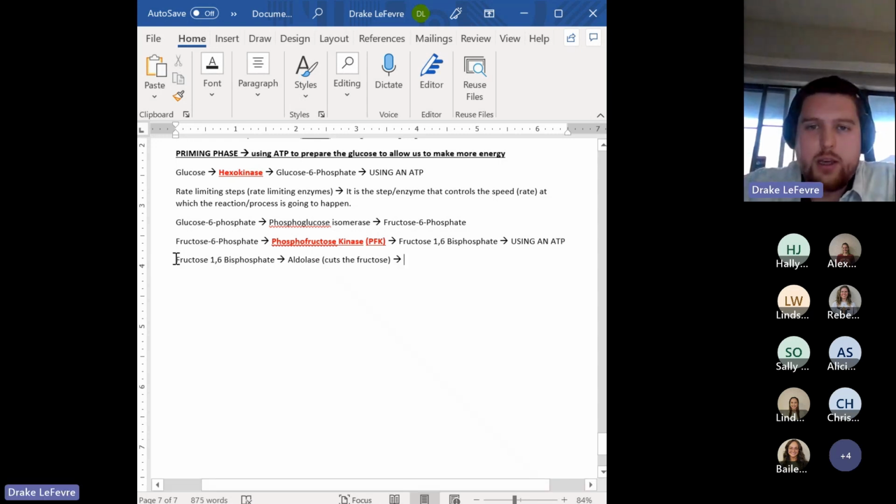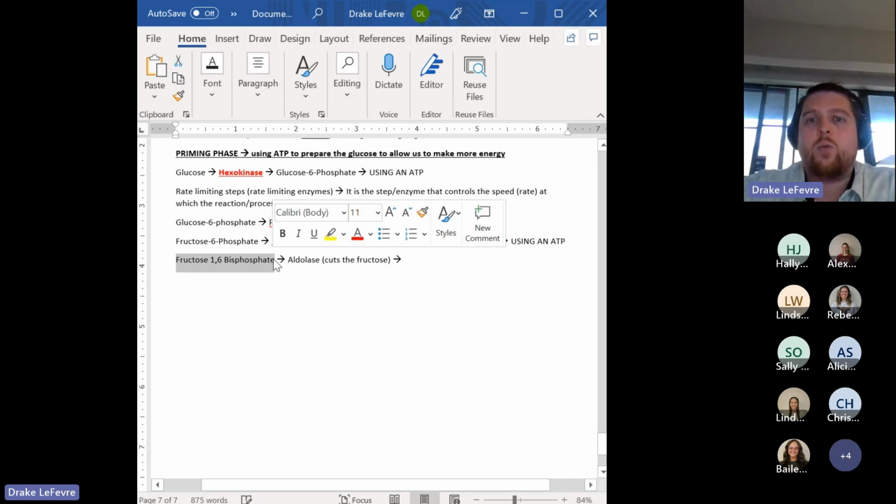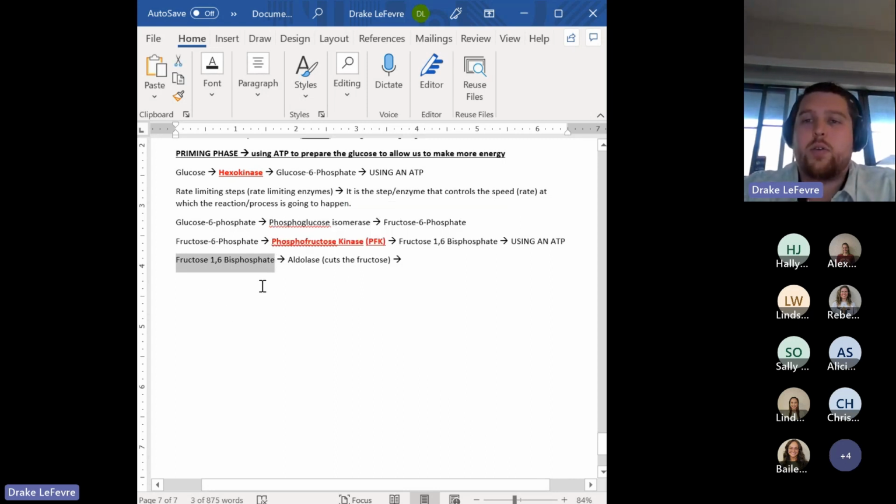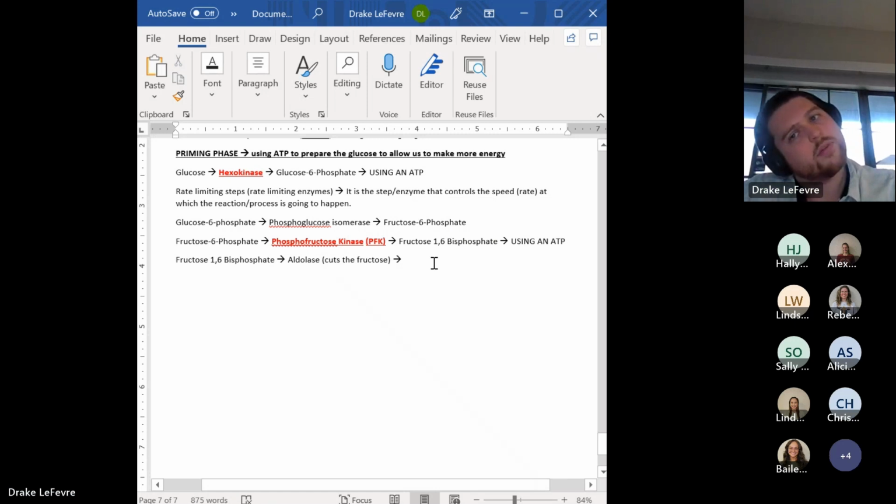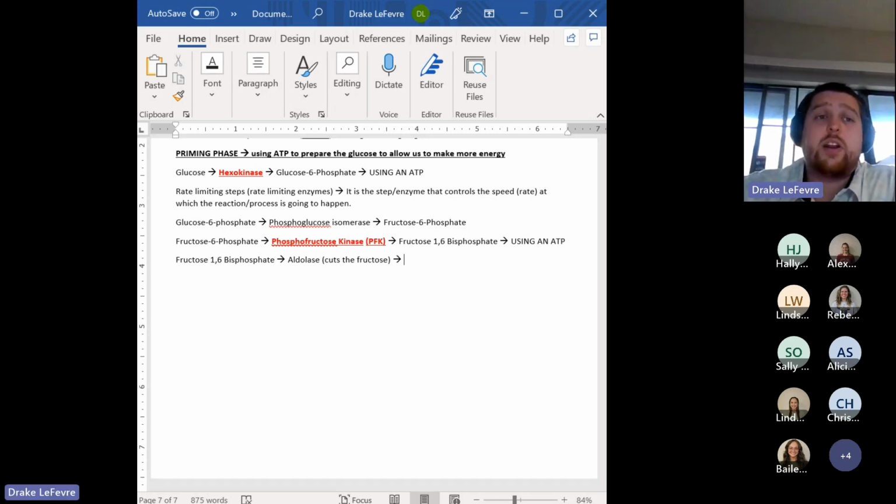Who can tell me how many carbon atoms are in one fructose or one glucose? 6. There are 6. And does anybody know how many there are in each pyruvate? 3. So we need to go from 6 to 3.